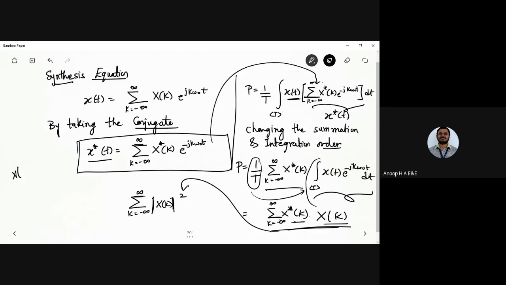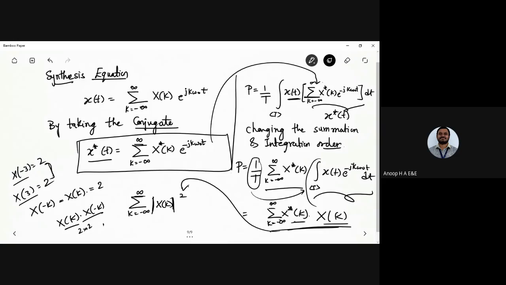For example, x of minus 3 would be 2 and x of 3 would also be equal to 2. So in such cases you are going to have 2 into 2, that is x of minus k equal to x of k. If you multiply x of k into x of minus k, its magnitude would be the same, 2 into 2.